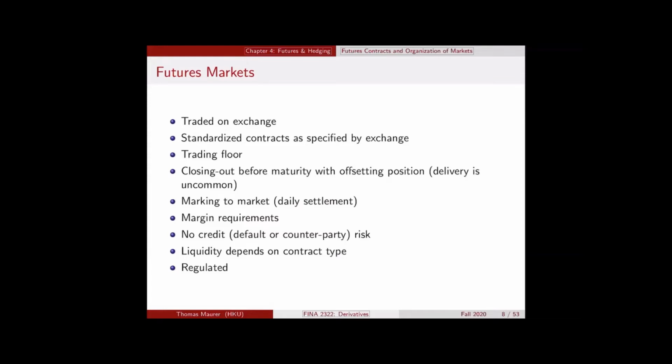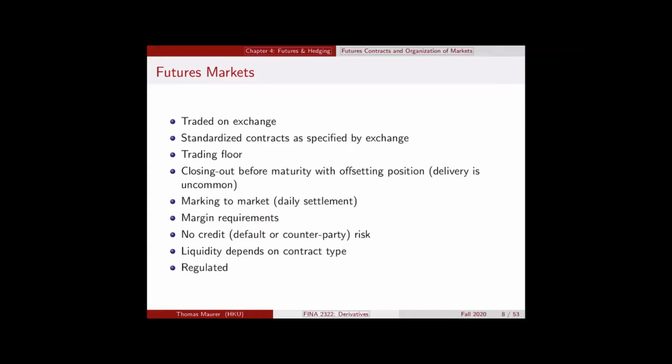So they ask you to deposit some cash in an account with the exchange. And that cash will be used to make these daily payments. And as soon as that cash amount in your account drops below a certain level, then the exchange will call you and say, you have to deposit more cash, otherwise we're going to close out your positions.